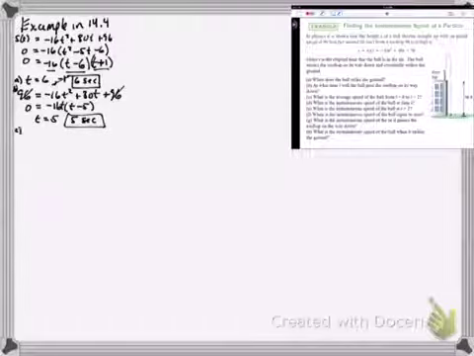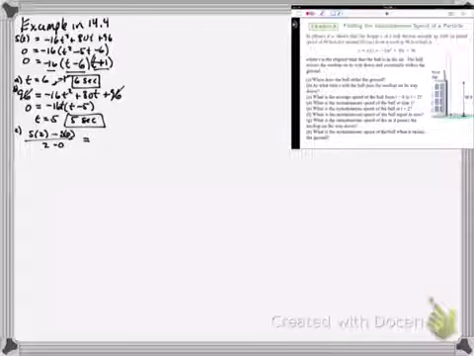Alright. C, what is the average speed of the ball from 0 to 2 seconds? This is where we start using the math we learned in this section, where we have s sub 2 minus s sub 0 all over 2 minus 0. It's just a matter of plugging in the numbers.